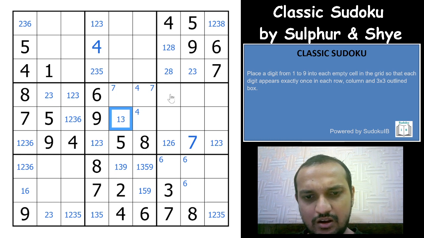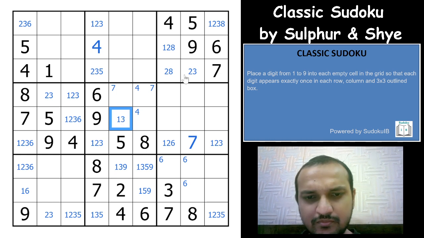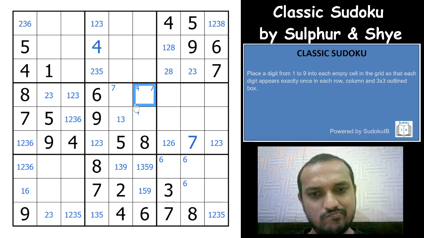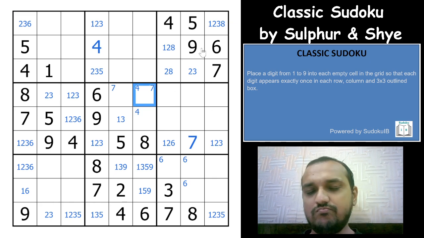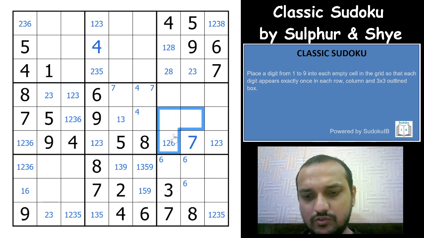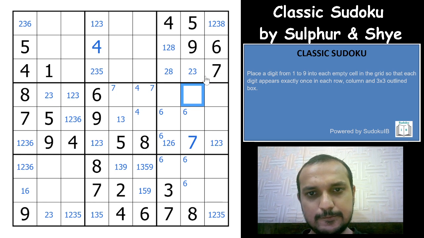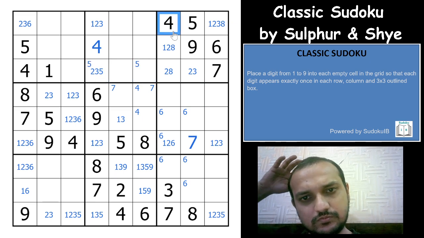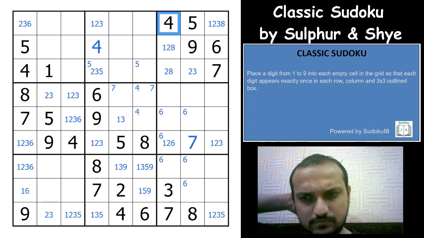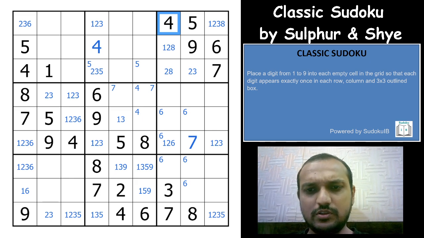So whatever I have here, come on. Six cannot be here. 6 is in one of these three cells. 5 is in one of these two cells. There has to be something here.